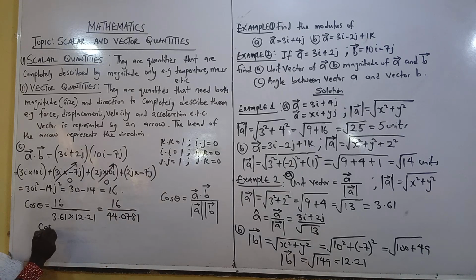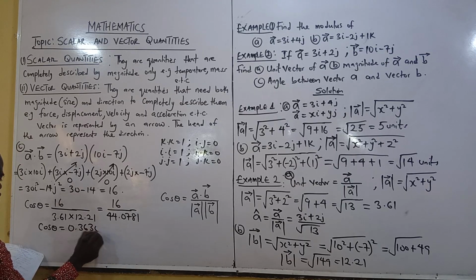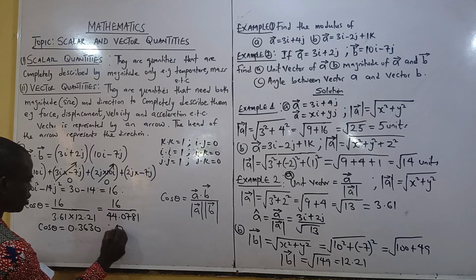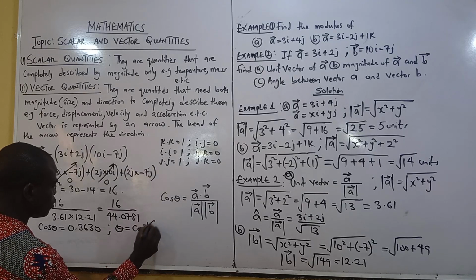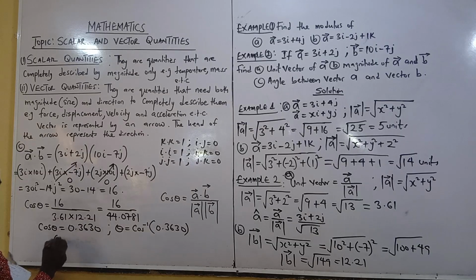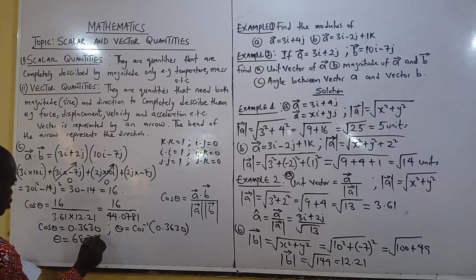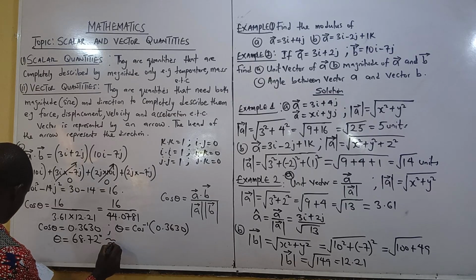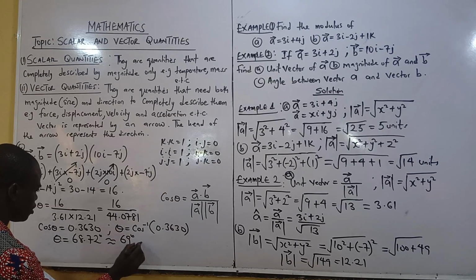You now have cos theta equals, when you divide, 0.3630. Theta now equals cos inverse of 0.3630. Your angle now equals 68.72 degrees, approximately 69 degrees.